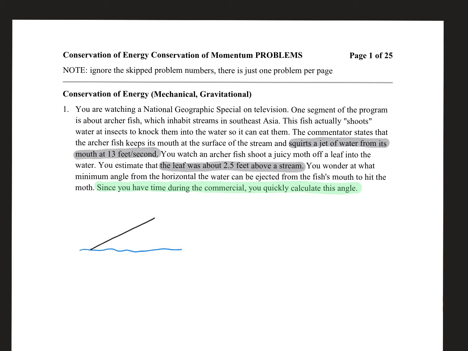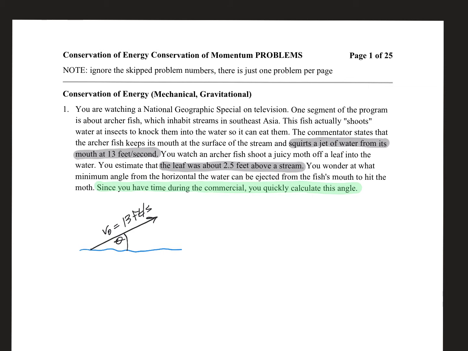We'll just pick some arbitrary angle. So this speed here, we're told, is 13 feet per second. So there's some angle to the water surface that this fish squirts their little water bullet stream at this leaf.